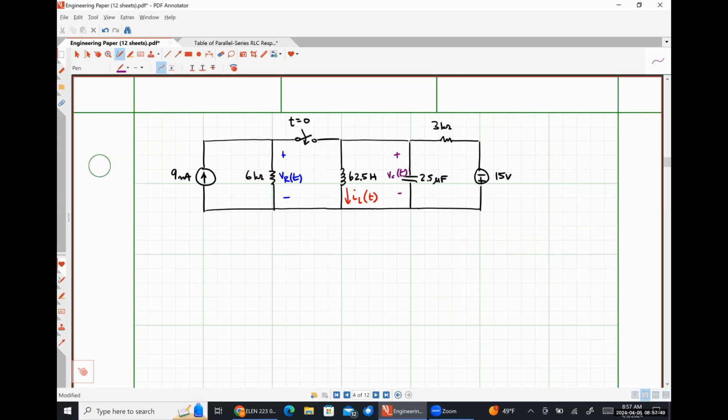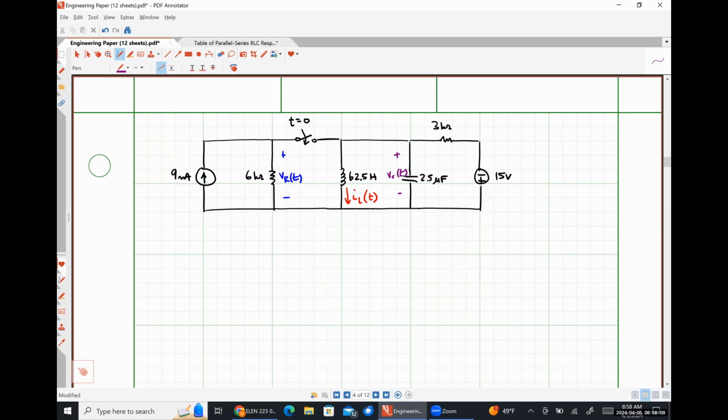So we actually have two different options here to solve for things. We can solve for the capacitor voltage first and use that to determine everything else.